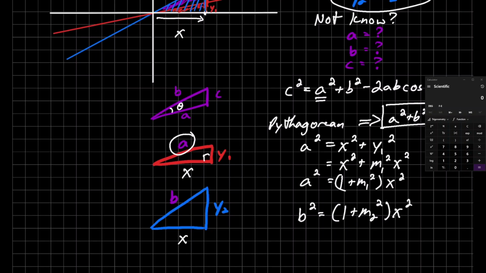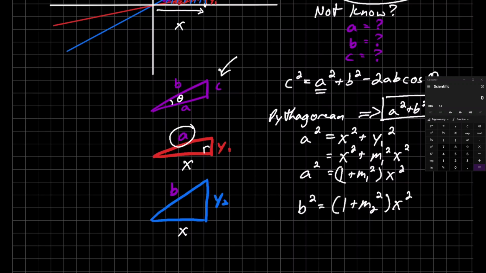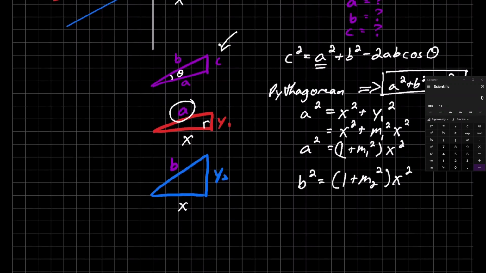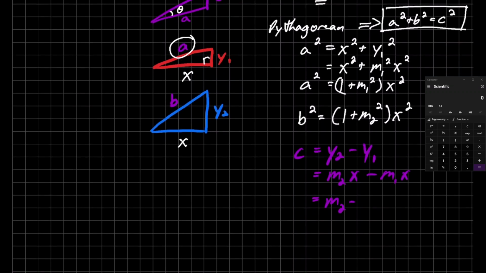Now the last thing that we don't know is what this c value is. If you compare these triangles, our c is like this line right here that's in between y2 and y1. So I'm going to write that c is equal to y2 minus y1. And I can rewrite that as m2 times x minus m1 times x, which is equal to m2 minus m1 all times x.